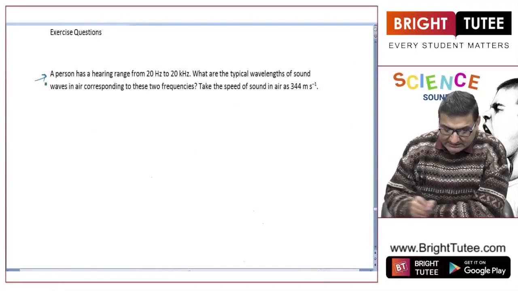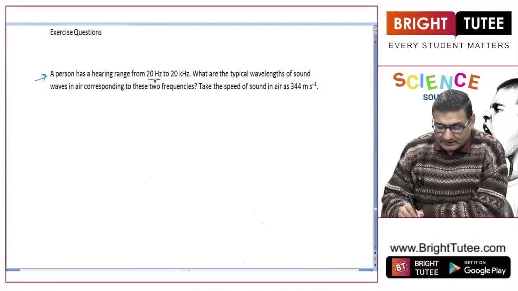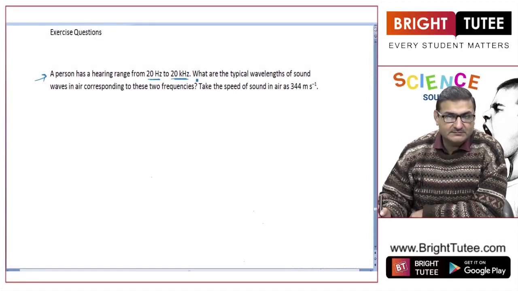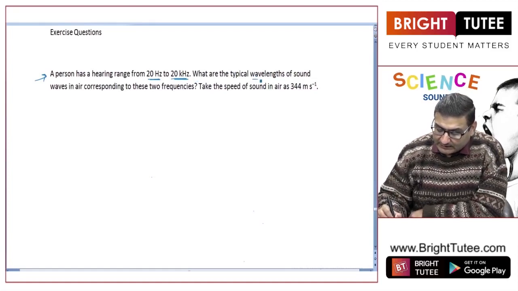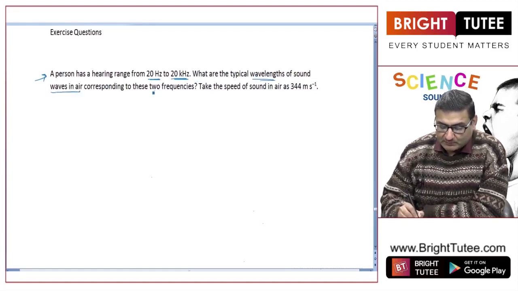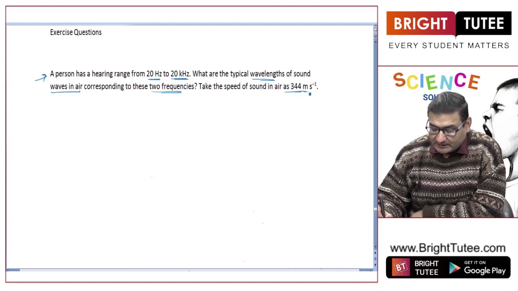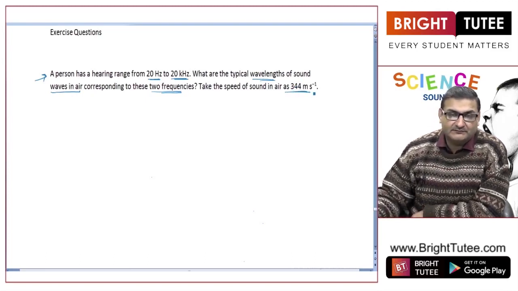The first question, let us relate. A person has a hearing range from 20 hertz to 20 kilohertz. Kilohertz means 20,000 hertz. What are the typical wavelengths of sound waves in air corresponding to these two frequencies? Taking the speed of sound in air to be 344 meter per second.